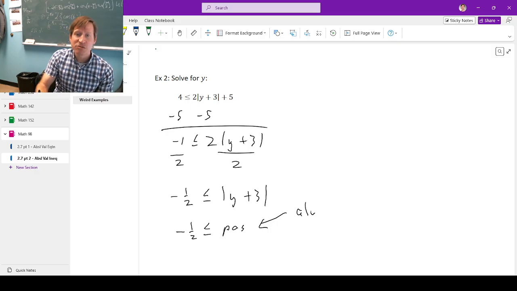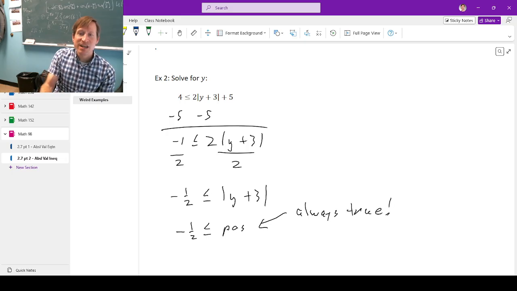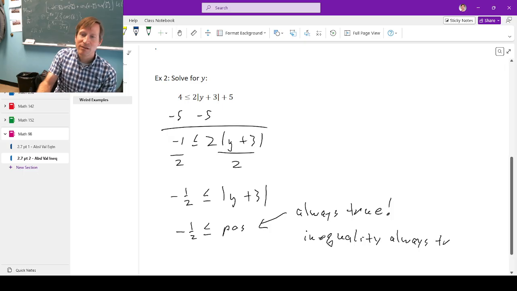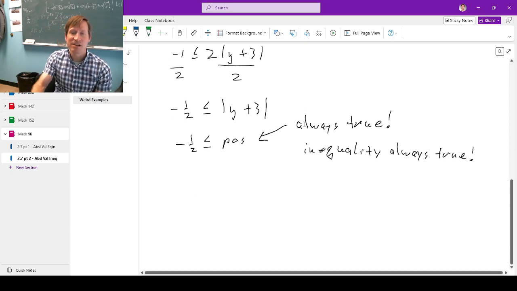This is always true. It doesn't matter what y value we plug into this inequality, excuse the bad handwriting, this inequality is always true. So any y value will make this inequality true.